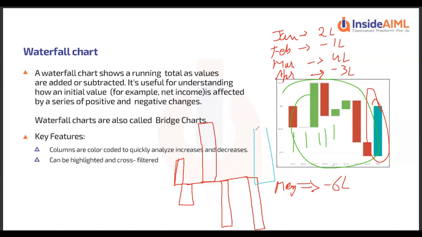Here you will see whether it was profit or loss. Since it was 2 minus 1, you were left with 1 lakh, then you earned 4 lakh, so in total you had 5 lakh. You spent 3 lakh, so 2 lakh was left. Then out of that 2 lakh, you spent 6 lakh, so you are in a minus 4 lakh balance.